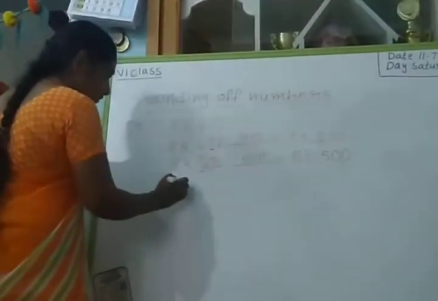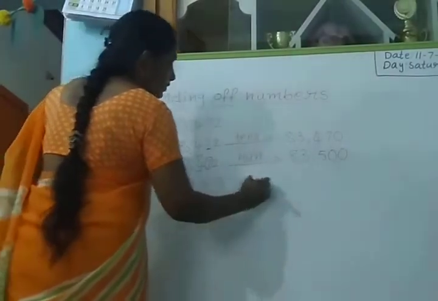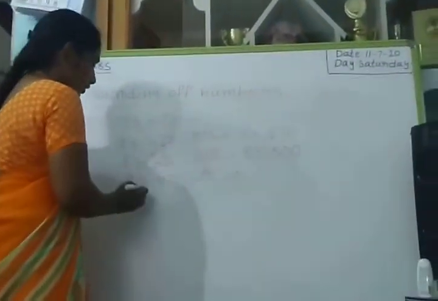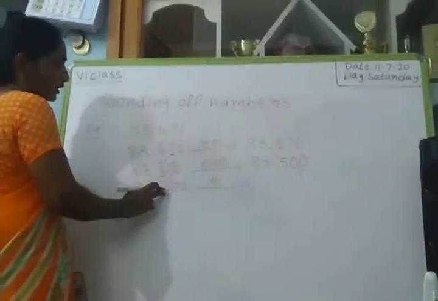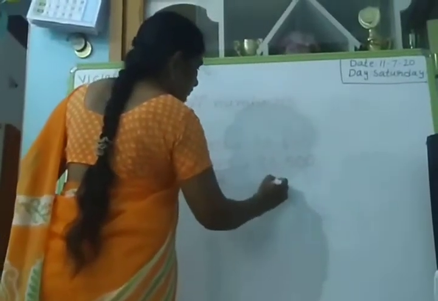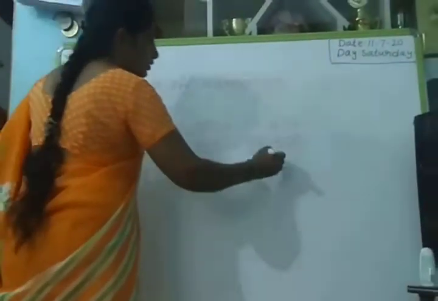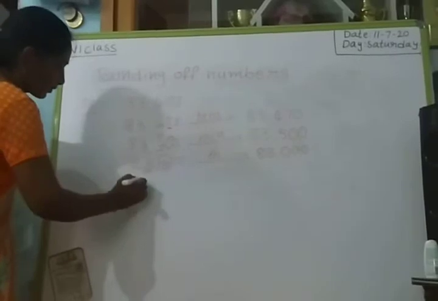83,500. Next, the same number I am rounding to the thousands place. Then what do we have to see? The hundreds place digit. What is there? 4. So no need to add 1 to 3. Write it as it is. So 83,000.